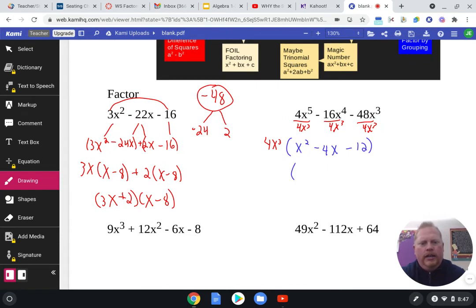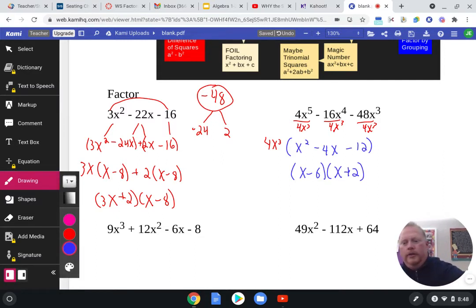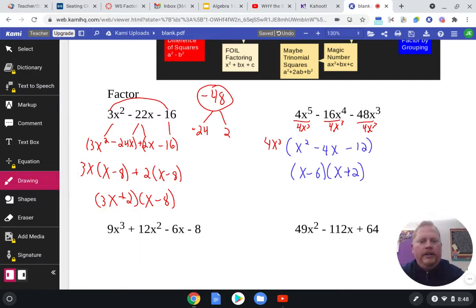Well, I think we're looking at negative 6 and a positive 2. All right, so that's my final answer after I bring down that 4x to the 3rd. And there we go. That's my final answer.